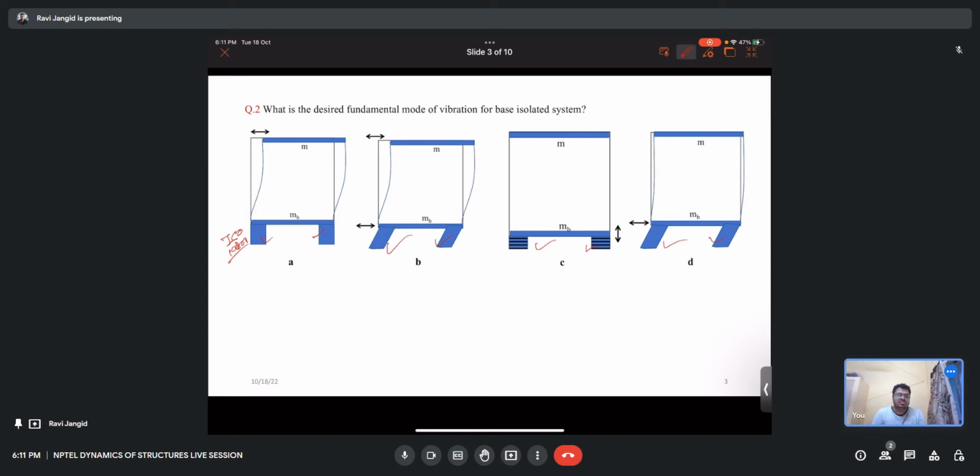Okay. So in the first building, there is no deformation in the isolator, only deformation in the superstructure. Let us say US. In the second case, there is a deformation in the isolator UB as well as US.